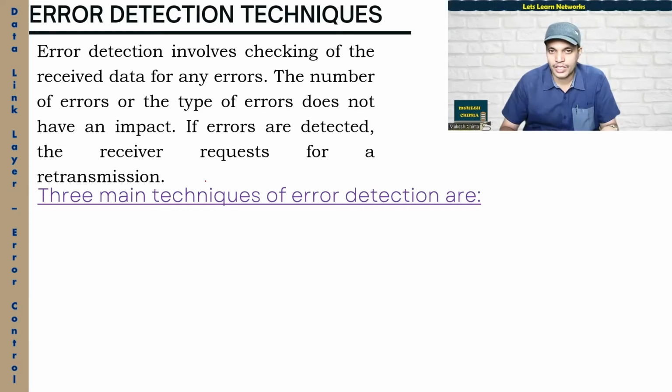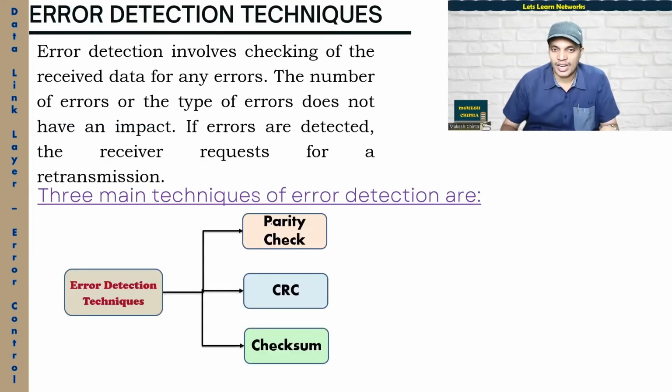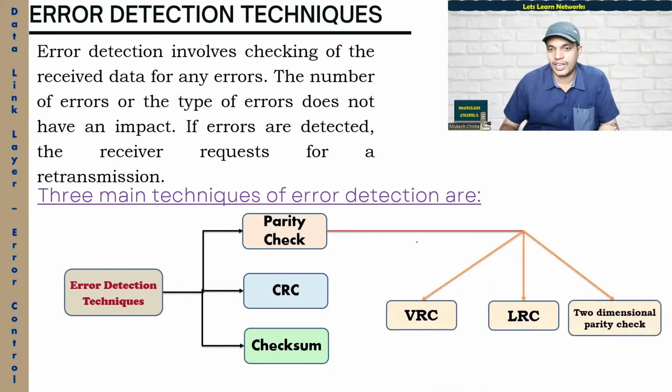There are 3 main techniques for error detection. I usually divide them into parity check, cyclic redundancy check, also popularly called CRC, and the third one is checksum. Okay, these are the 3 different error detection techniques. So in this video, I'm going to concentrate on parity check techniques, which are once again divided into 3 different techniques.